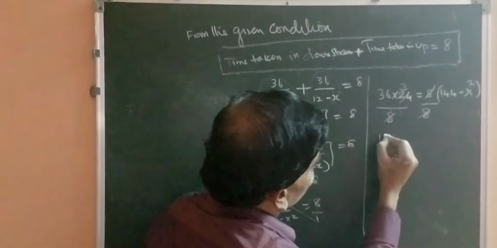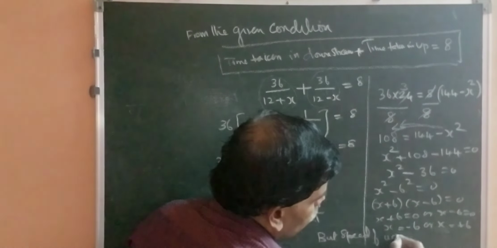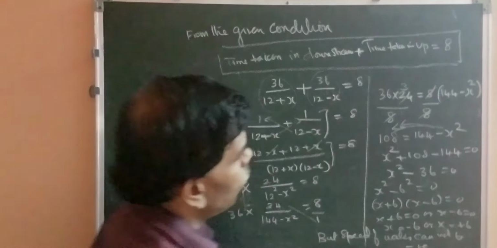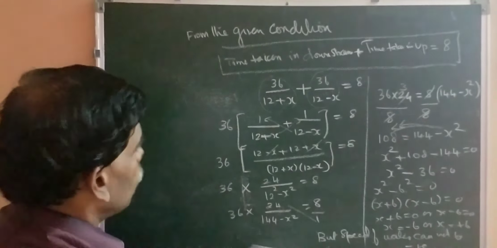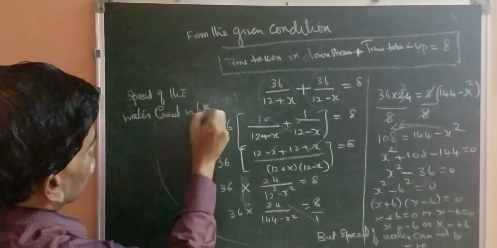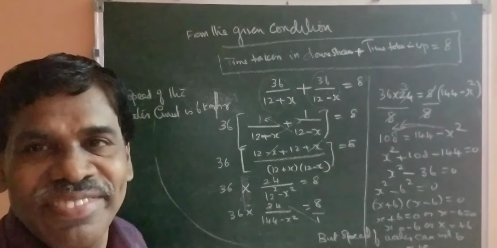But what is x? The speed of the water current. Can the speed of the water current be negative? No. Therefore, the speed of the water current is 6 km per hour. Followed or not?